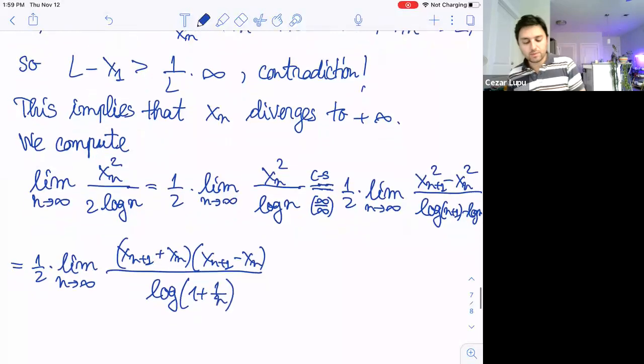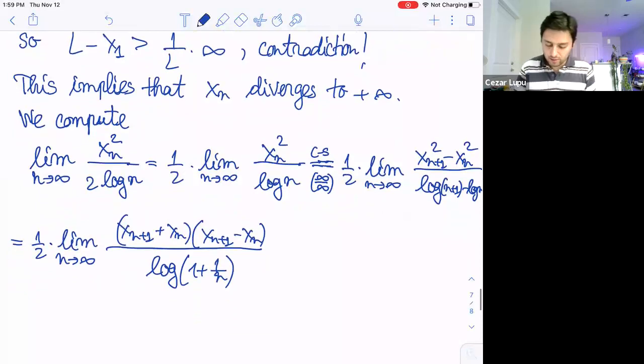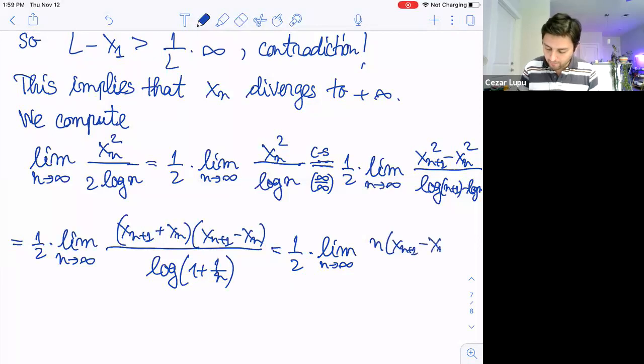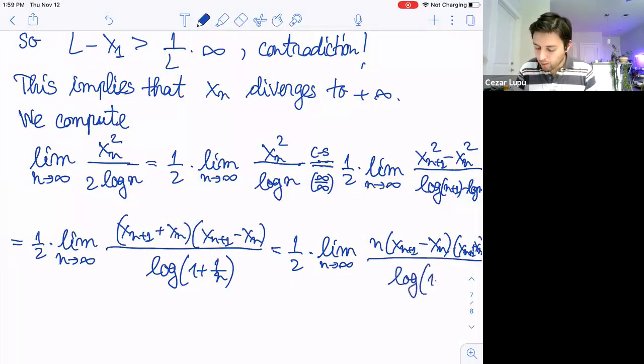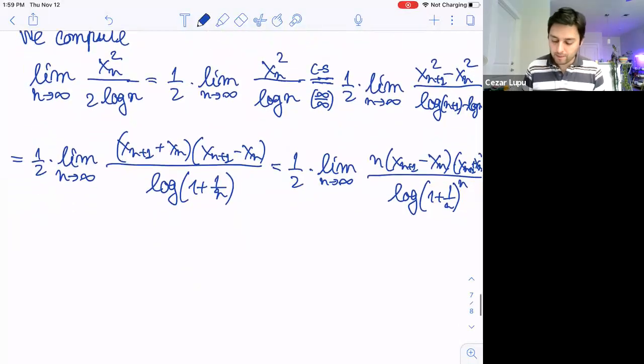But now, again, I'm doing the same trick, so this would be 1/2 times, I'm going to multiply by an n. It will be n times xn plus 1 minus xn times xn plus 1 plus xn here, everything over log of 1 plus 1 over n to the power n.